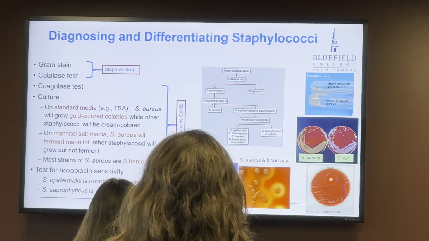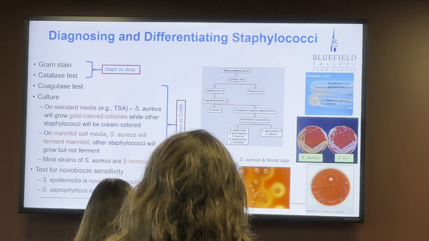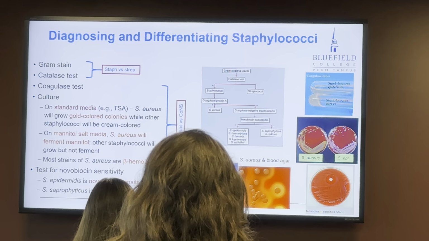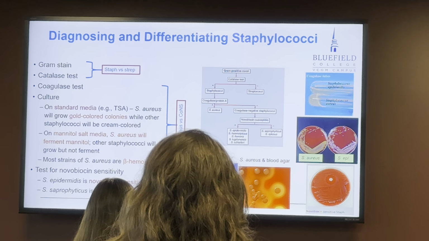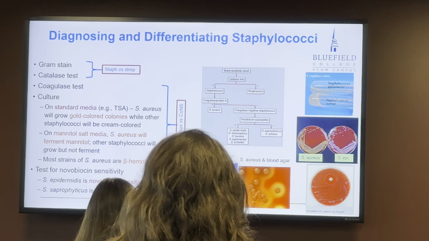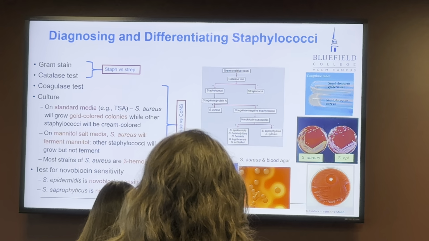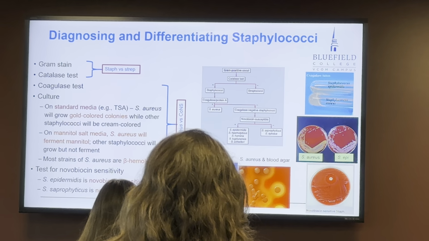And now, depending on which pH indicator is in the media, there's going to be a color change. For mannitol salt, as for a lot of the media, it's going to go from a pink color to a yellow. That's a change in the pH, an acidic pH. For some of them, it will be a different change, but we'll talk about that media when we talk about the gram negatives next week. All right, everybody got that? So mannitol salt is highly selective and differential for staph, and especially Staph aureus.